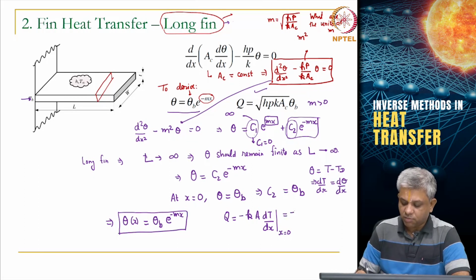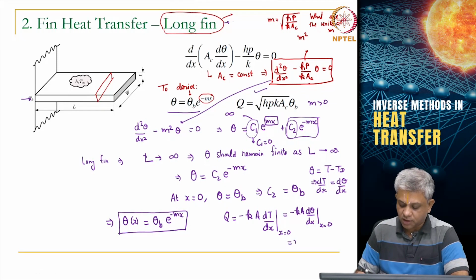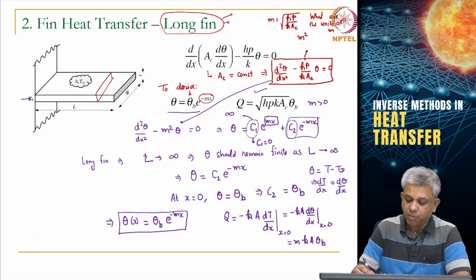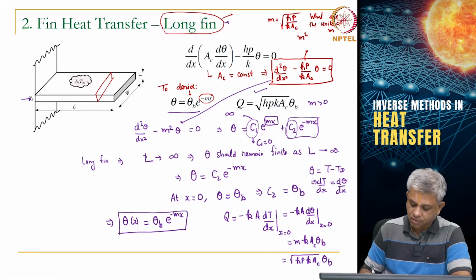So this is minus k A d theta/dx at x equal to 0. Now you apply this here, the minus and the minus m cancel out, and this becomes m k A theta b, which if you multiply out comes to exactly the square root of h p k A cross-section times theta b.